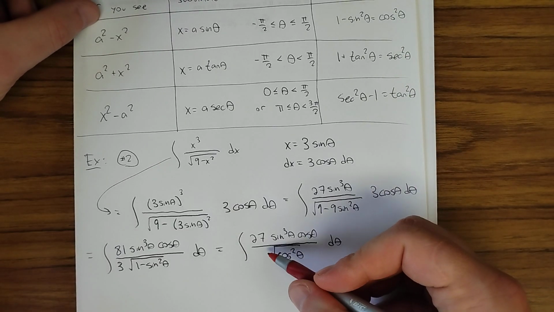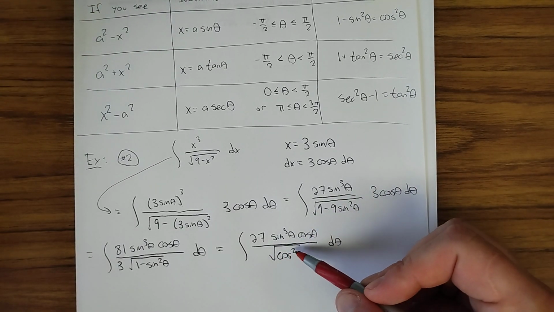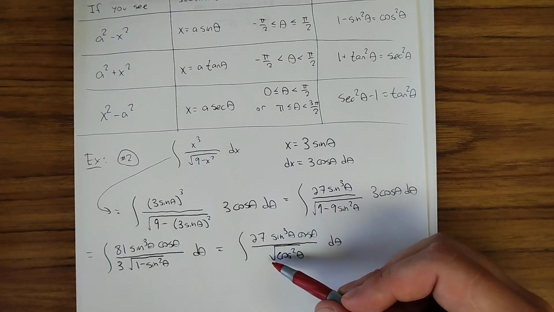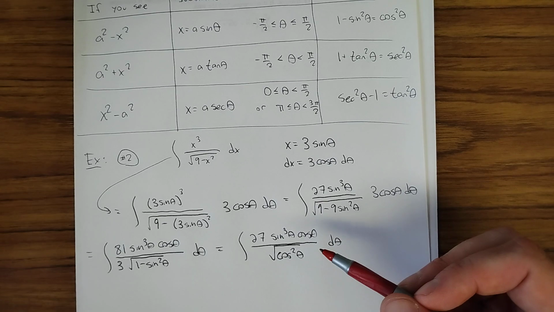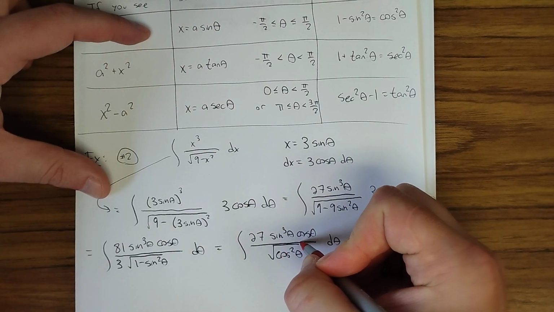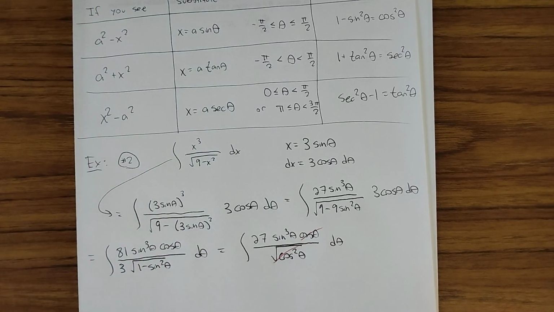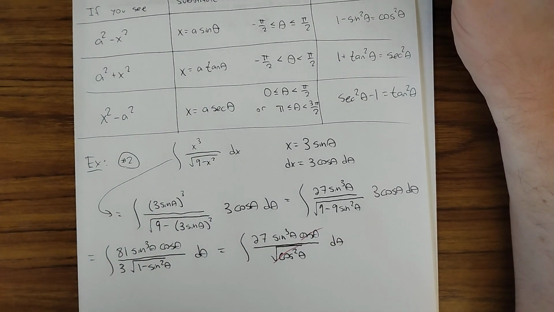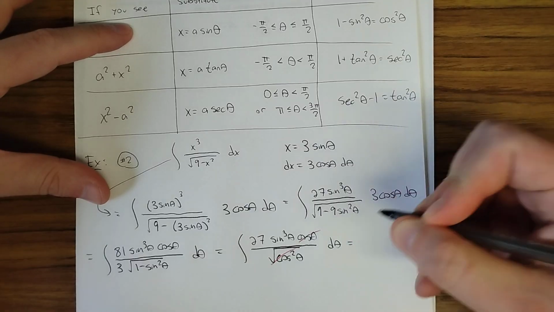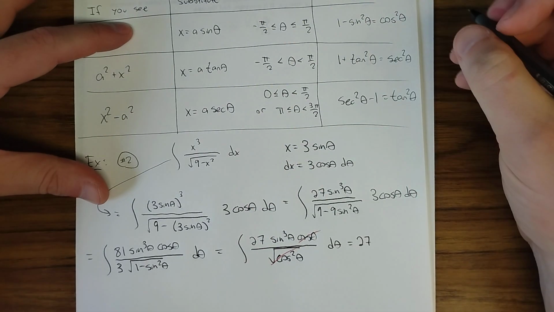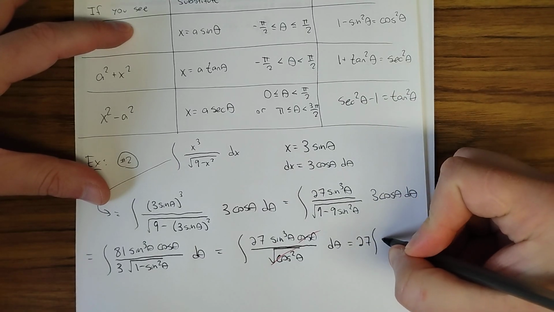But the whole point of this is we want to deal with this square root. After using the trig identity, I see square root of cosine squared, which is just cosine. Since that's just cosine, why don't I just cancel that whole thing with this cosine? And I could have pulled this 27 out, or I could have pulled all my numbers out a while ago, but let me finally do it.